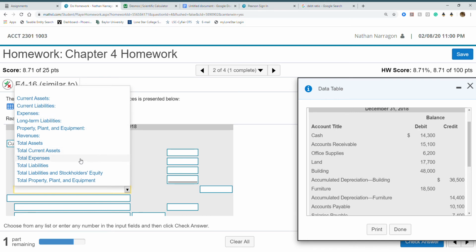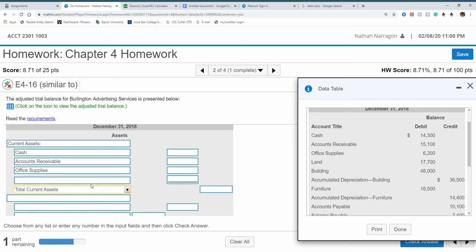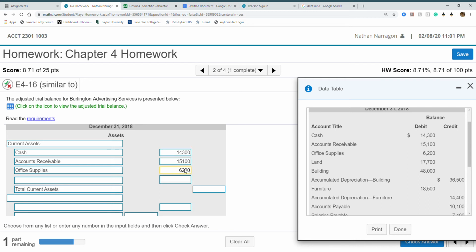So there's total current assets. Let's see, we got 14,300, 15,100, and 6,200.